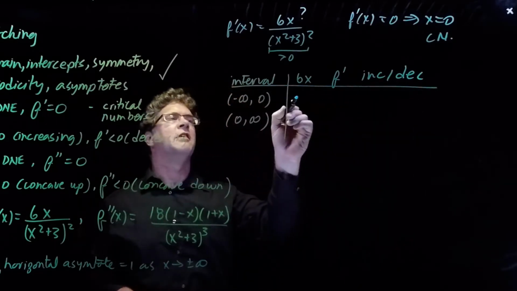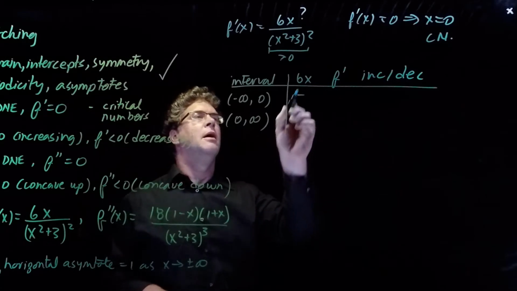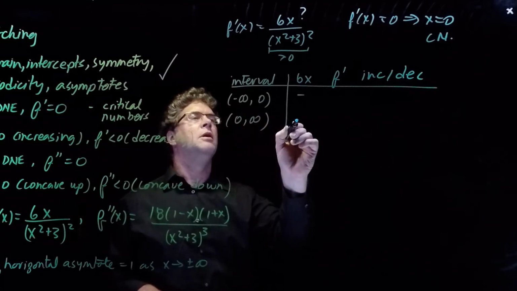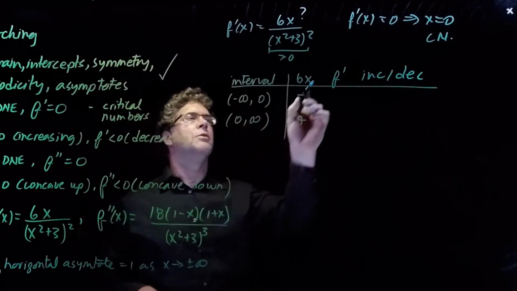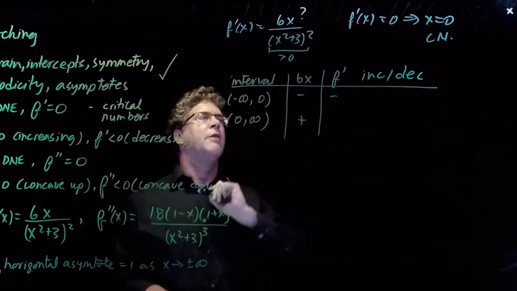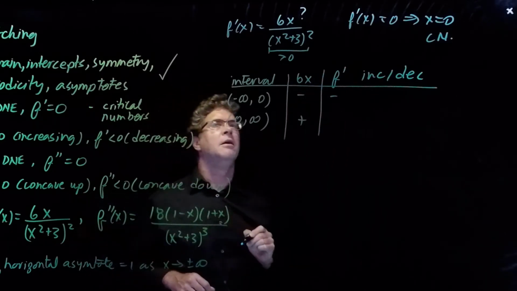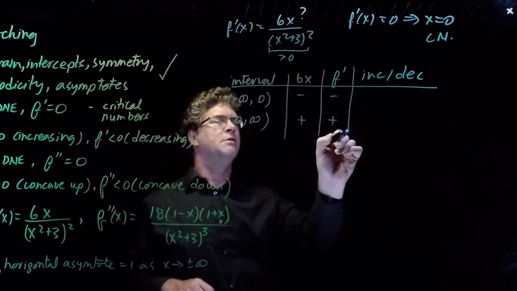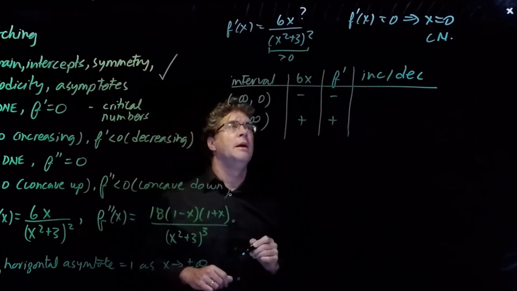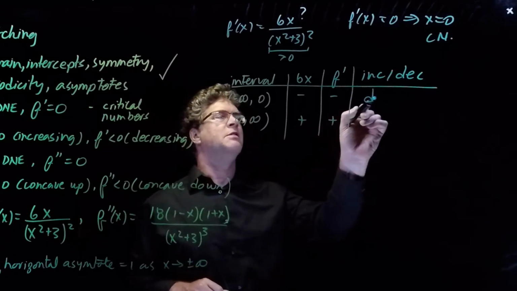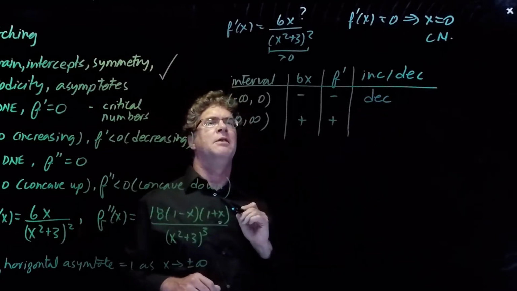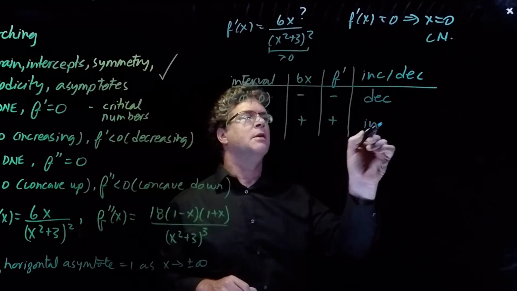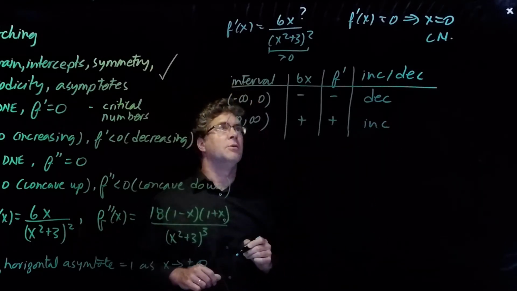And so 6x will be negative on minus infinity, 0, and positive on 0, infinity. F prime of x will have the same sign as 6x, so it'll be negative and positive in the same way. And so the function will be decreasing on the interval minus infinity, 0, and increasing on the interval 0, infinity.